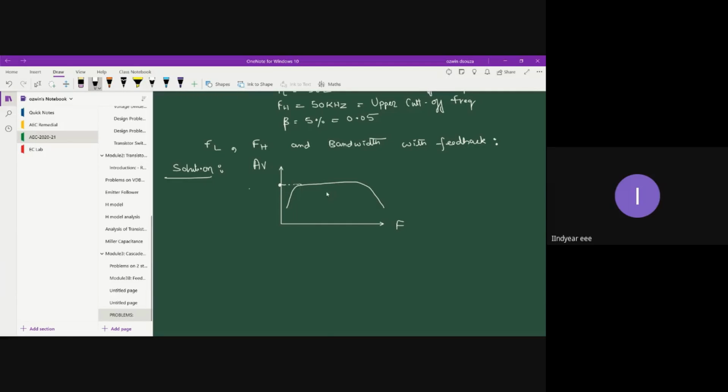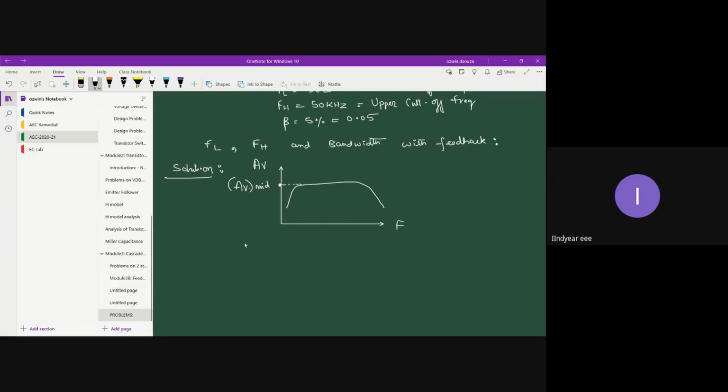That portion is called the midband, and the corresponding gain is denoted as AV mid. I think you will study the same concept in network analysis also. That is your AV mid, which is the maximum gain. At AV mid, the amplifier exhibits the maximum possible gain.